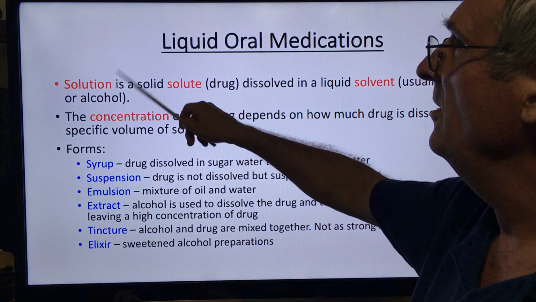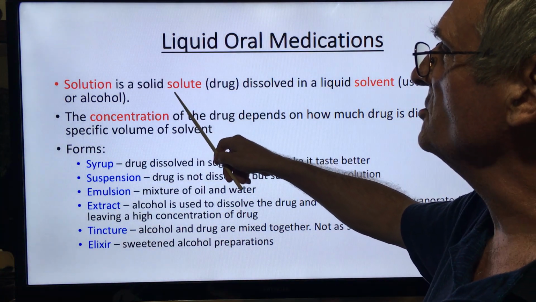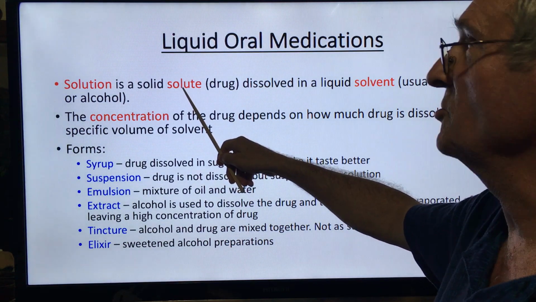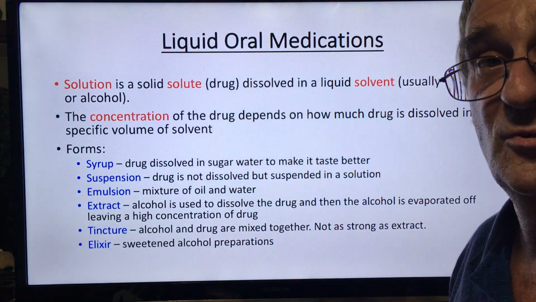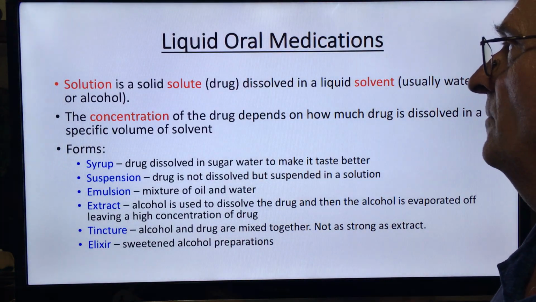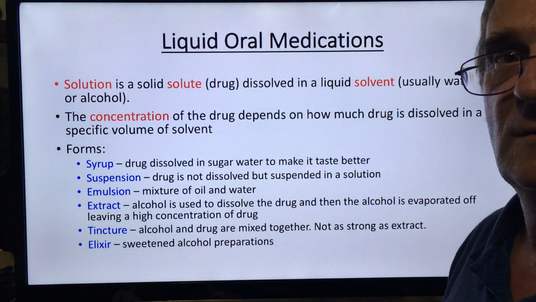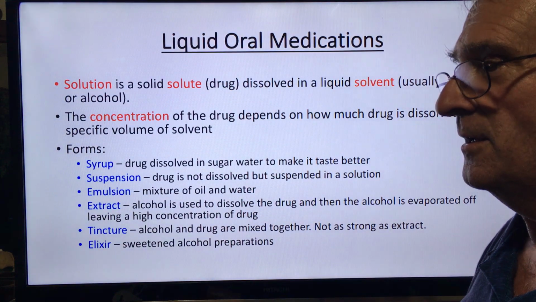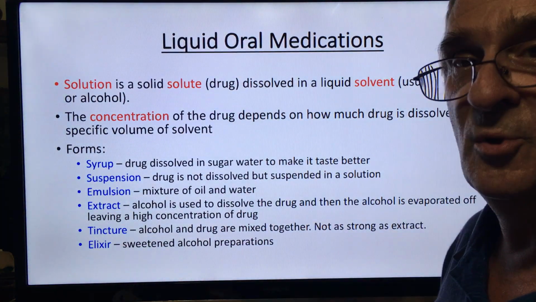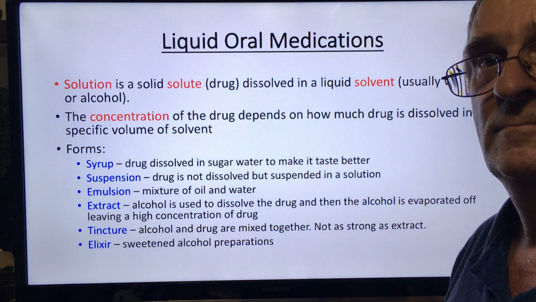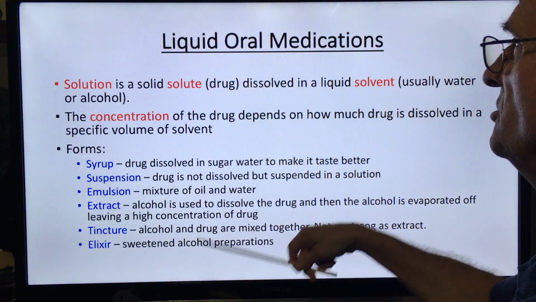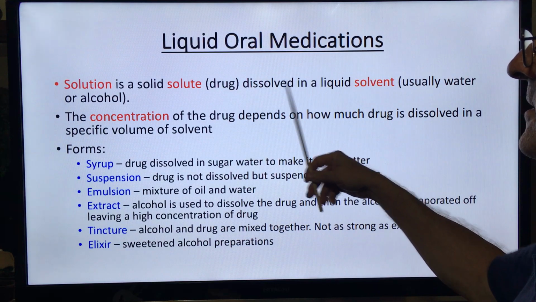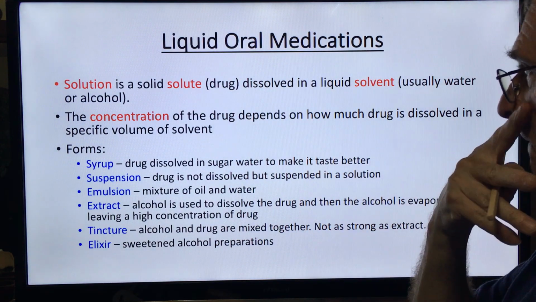The higher the amount of solute that we've added to the solution, the more concentrated the drug is going to be, and therefore less of the drug we're going to give. Whereas a drug that has a lesser concentration will be more dilute. Okay, that is the concentration. The concentration is the amount of solid dissolved in the solvent.